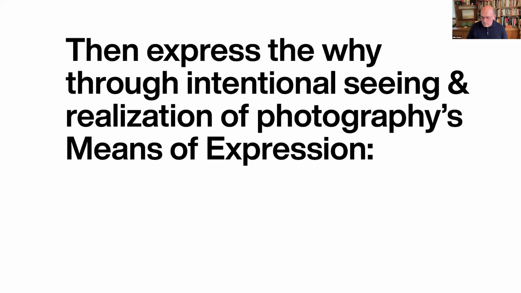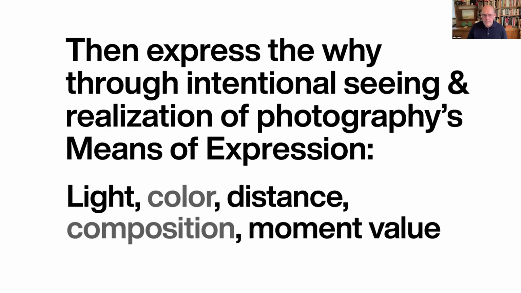In the book, I try to come up with a way of naming the things that are photography's tools, essentially, and came up with this idea of means of expression. And they are these 5 things. If we intentionally see and realize light in terms of expressing something about the setting, and color, and determine from what distances we can make photographs, and then how we should compose a given setting to convey specific aspects of it.